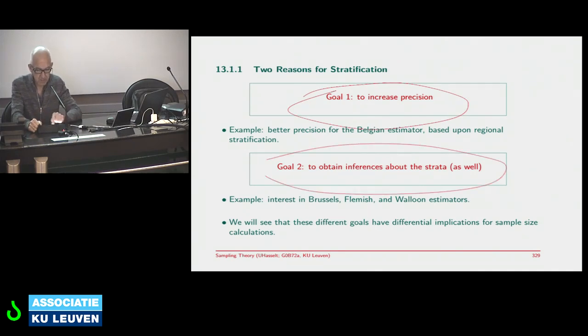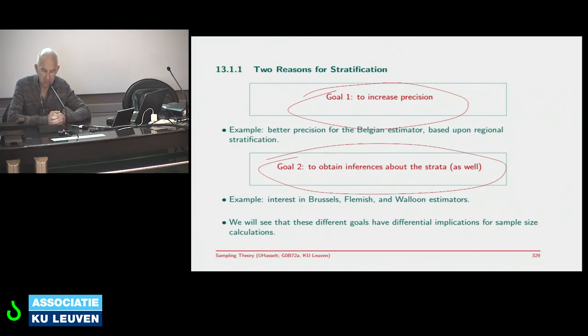The second goal is, as I said, we want to say something about Brussels, Wallonia, Flanders, the German-speaking community, etc. And therefore, we ensure a minimal sample size. And sometimes, even the goal is to compare regions. Well, for comparison of regions, equal sample sizes are actually better. Or just if you juxtapose, if you put the results next to each other, it's easier that Flanders, Brussels, Wallonia would have the same sample size, because that implies roughly the same precision. For example, on the body mass index, if you have more or less equal length confidence intervals, comparison is easier.